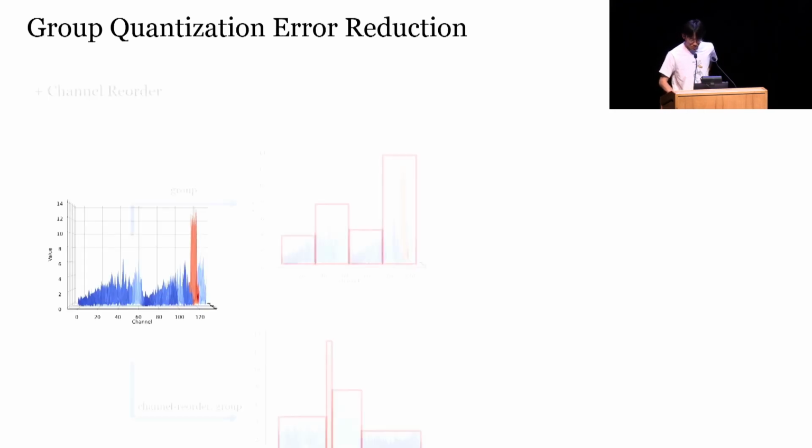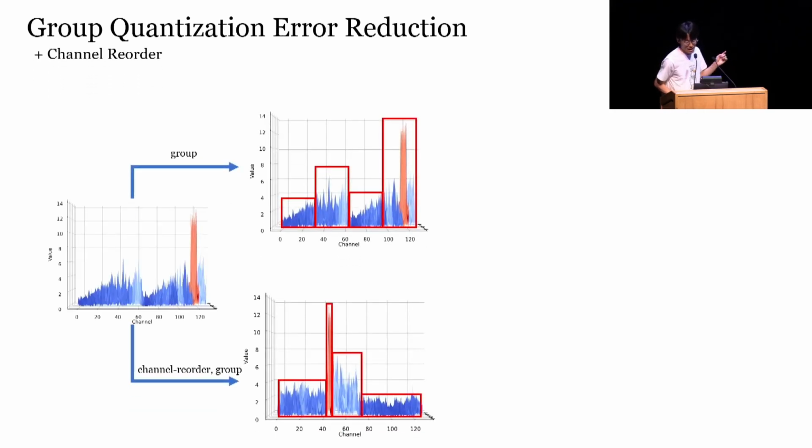The red box in the figure indicates a quantization group. In the existing per token group quantization, we form a quantization group from several adjacent channels, and the values within one quantization group will share the same quantization parameters.